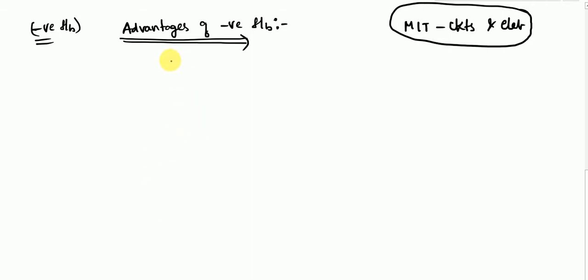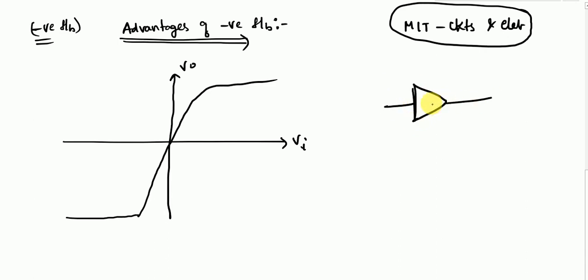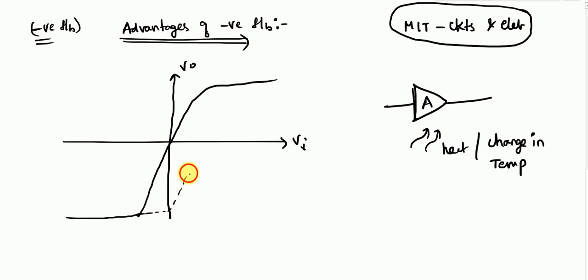If you look at the characteristics of an open loop amplifier, Vi versus V0, they will be somewhat like this. They saturate after a certain threshold. This is for an open loop amplifier of gain A. If you heat this amplifier, or provide conditions such that there is a change in temperature, then the characteristics are somewhat shaky.